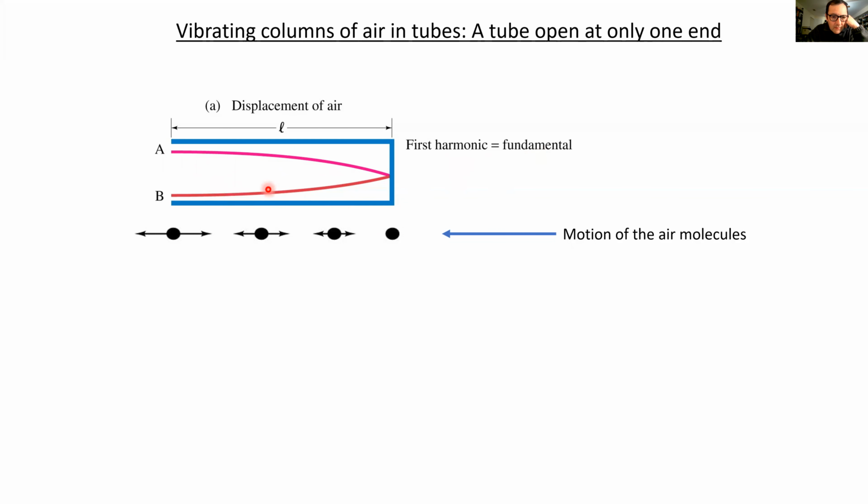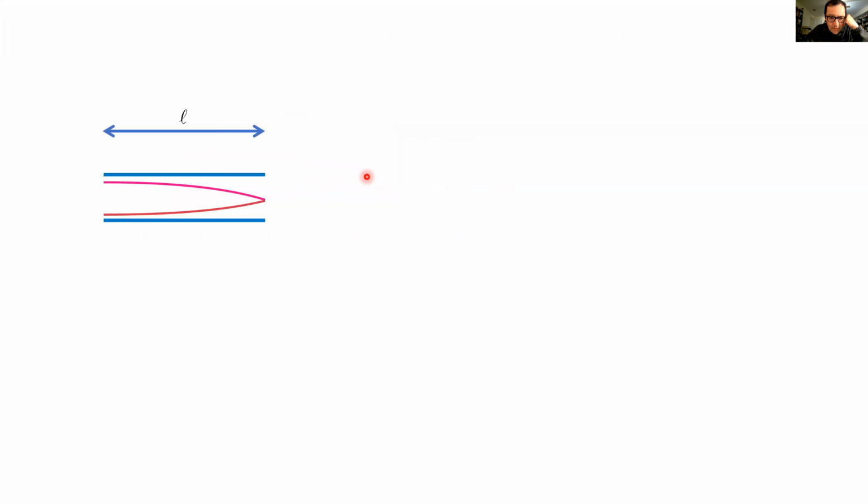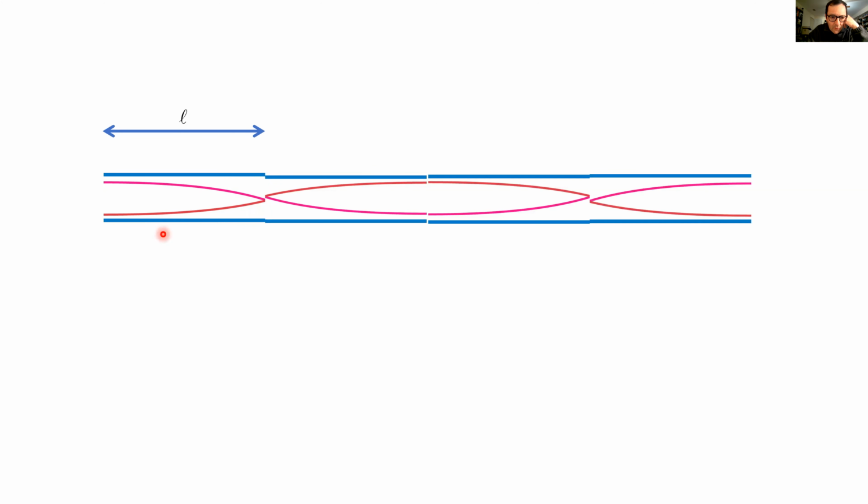That's the first harmonic. So in order to get the frequency, we'll follow the same strategy as before. We'll get the wavelength by basically looking at the pipe. And in this case, here's a copy of the pipe. It's cut off here, but what I'm going to do is make another copy of it. And actually I have to make 4 of them in order to get an entire wavelength.